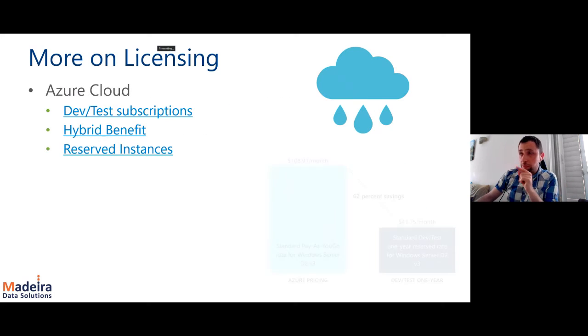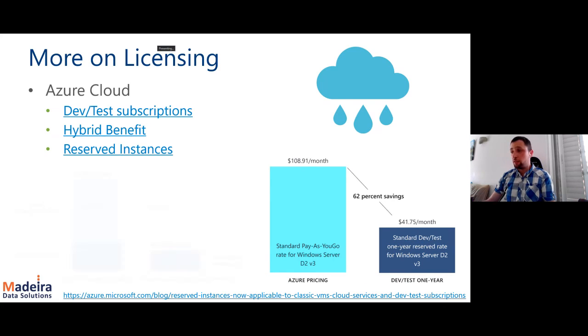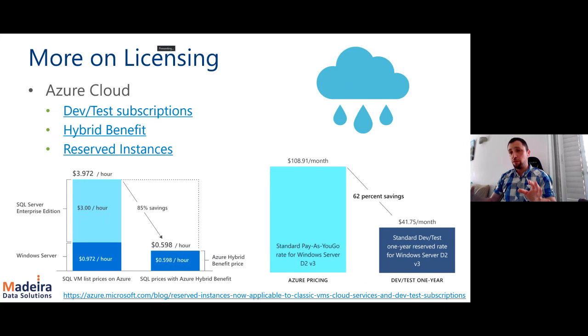More on licensing, specifically in Azure, and to some extent, it is also relevant to AWS and such. Dev test subscriptions: you can have an entire subscription that is designated for dev and test.